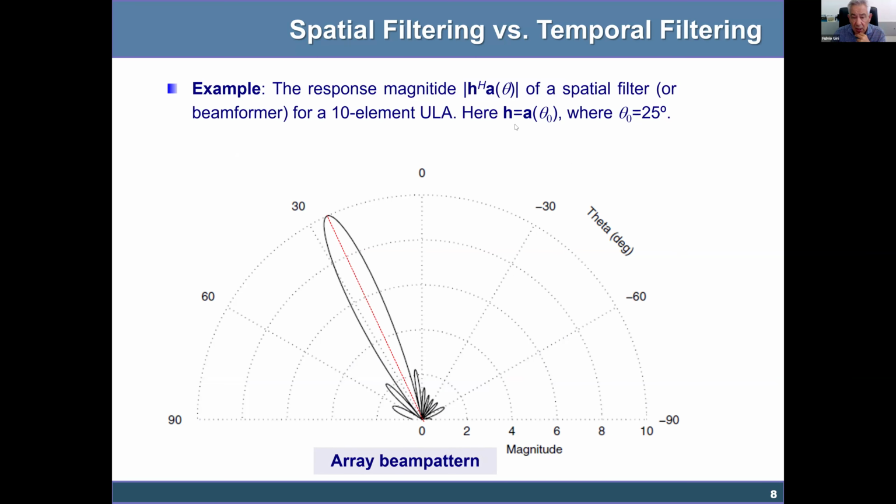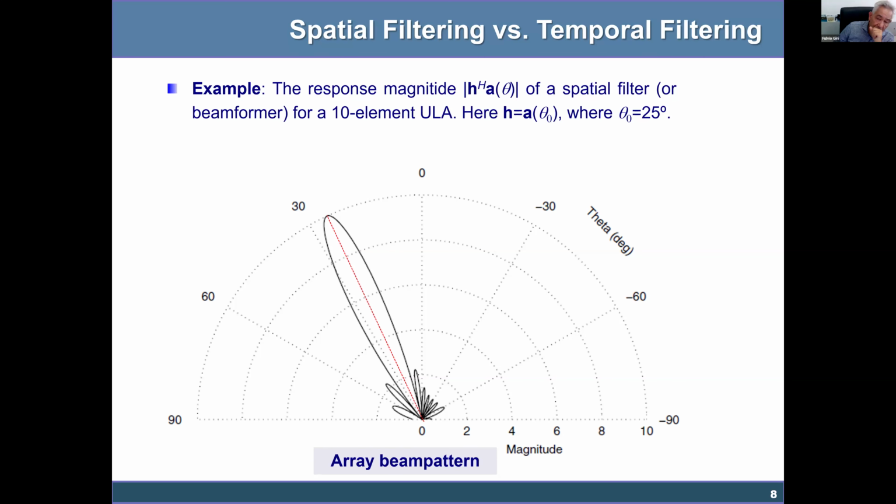and H is chosen to be equal to the array response calculated at theta equal 25 degrees. So if you select H in this way, what you obtain is that you build a digital beam pattern with the maximum at angle theta 0, 25 degrees.